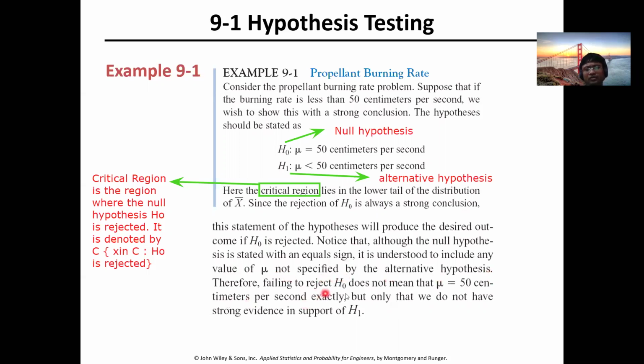Therefore, if we fail to reject H0, that means mu equals 50 centimeter per second exactly, but we do not have strong evidence to support H1.